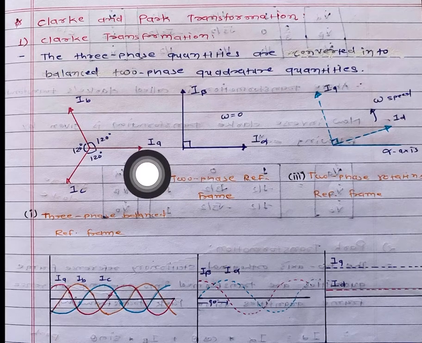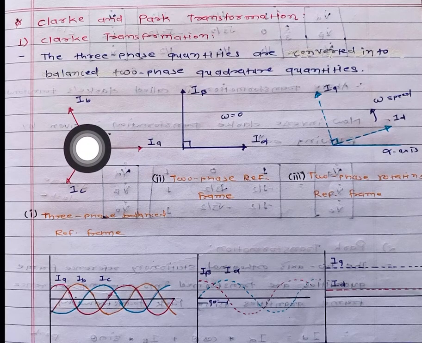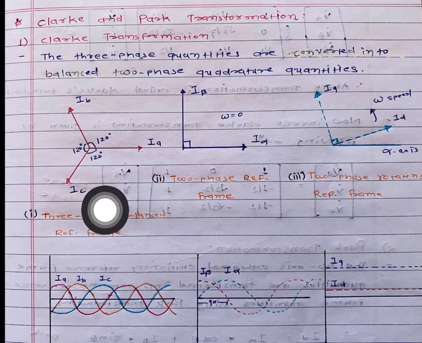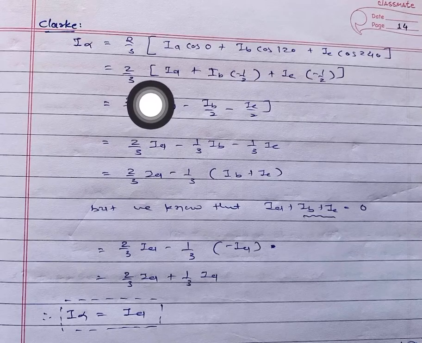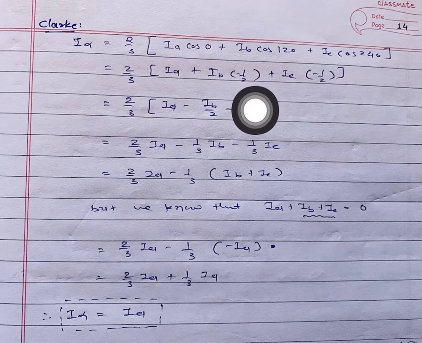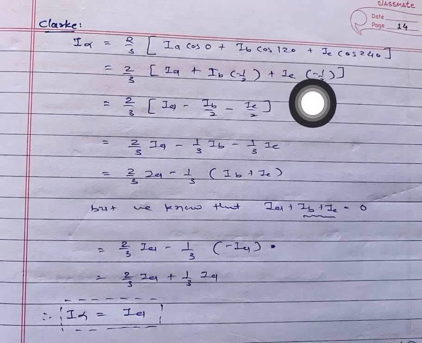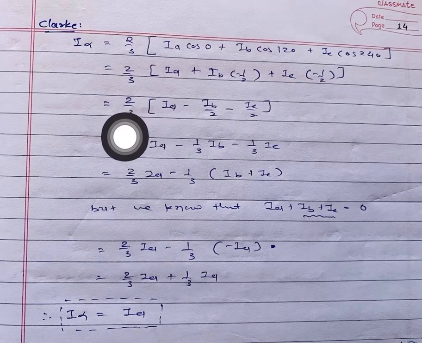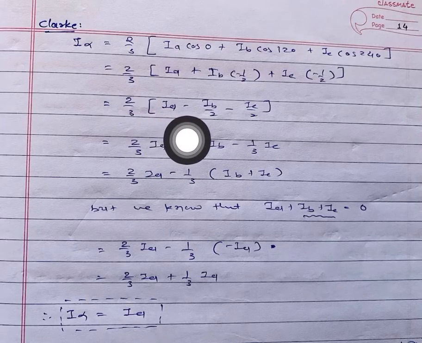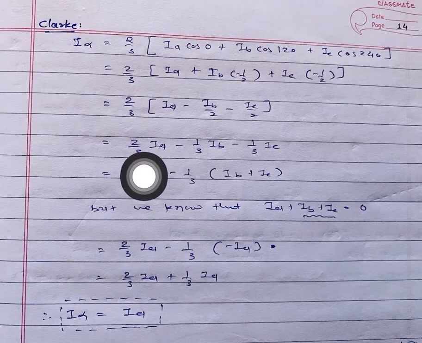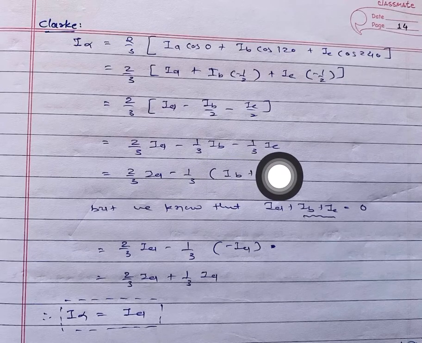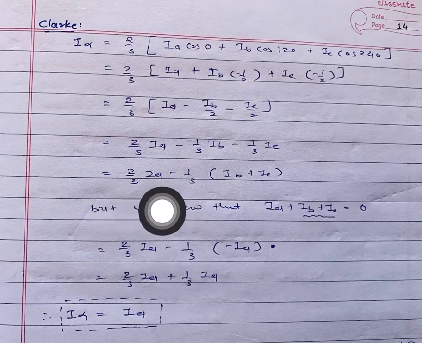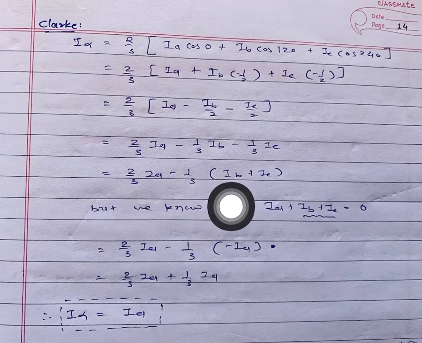So finally it is given by 2 by 3, cos 0 is equal to 1, cos 120 is minus 1 half, cos 240 is also minus 1 half, so it is 2 by 3 into IA minus IB by 2 minus IC by 2. Further simplified, 2 by 3 IA minus 1 by 3 IB minus 1 by 3 IC, so it is 2 by 3 IA minus 1 by 3 times (IB plus IC).